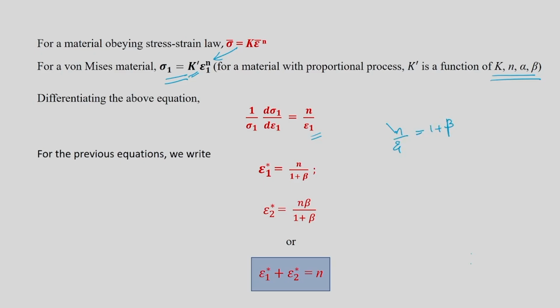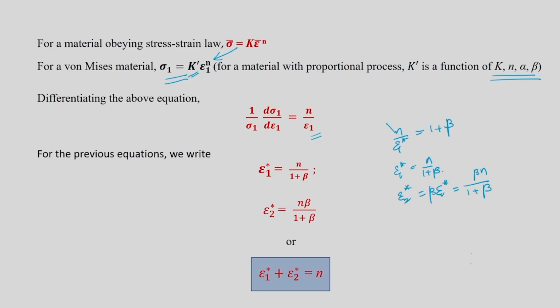Since this is a process happening at instability when necking starts, you can say epsilon 1 star as well. So epsilon 1 star is nothing but n by 1 plus beta, and epsilon 2 star is nothing but beta into epsilon 1 star, which is beta into n divided by 1 plus beta.